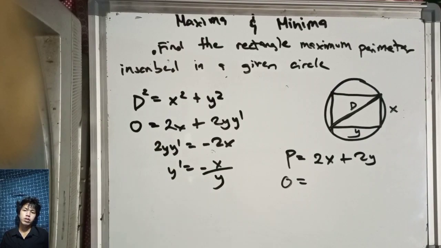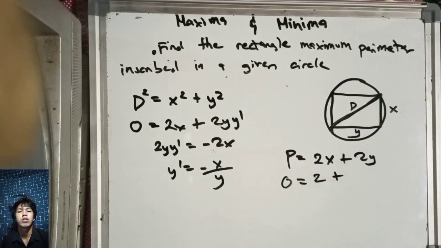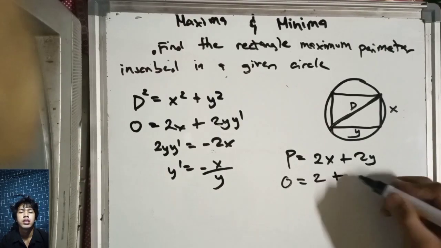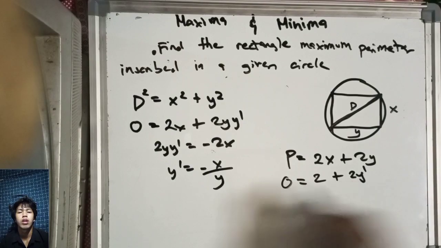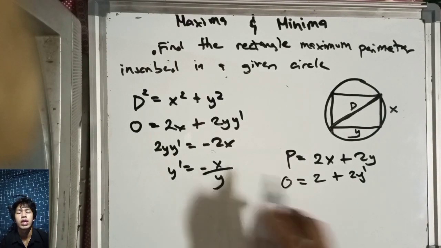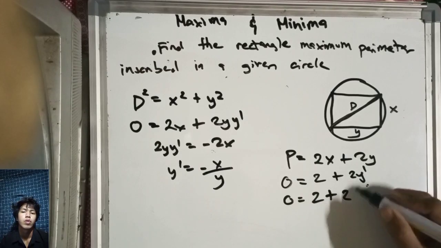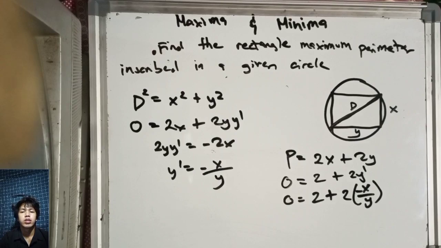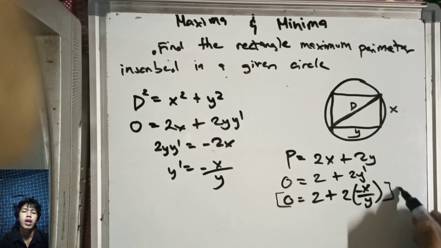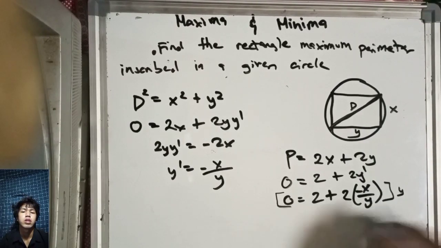The derivative of 2x is 2, plus the derivative of 2y is 2y prime. So we substitute y prime, which is negative x over y, into this. So 0 equals 2 plus 2 times negative x over y. Now we'll multiply all terms by y so that the denominator will be cancelled.